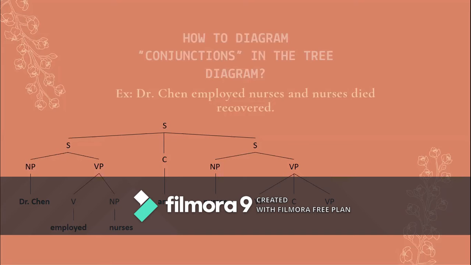So we have a verb, die, a conjunction, or, and a verb, recover. So that completes the sentence: Dr. Chen employs nurses, and nurses die or recover.